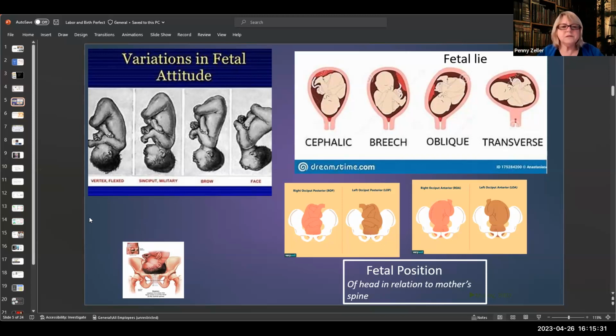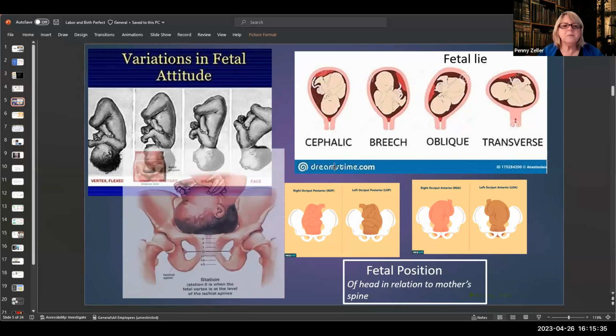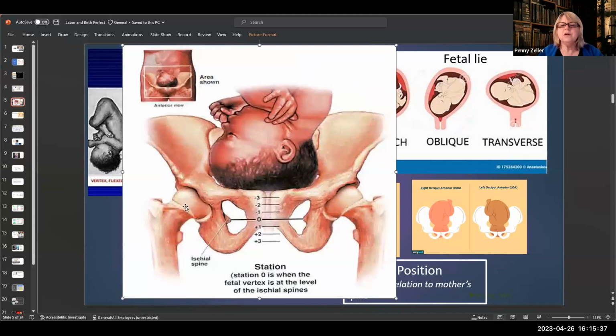The station is just, where is the baby in relation to the pelvic inlet or the pelvic structure? Is the baby engaged? When the head reaches 0, it's considered being engaged.